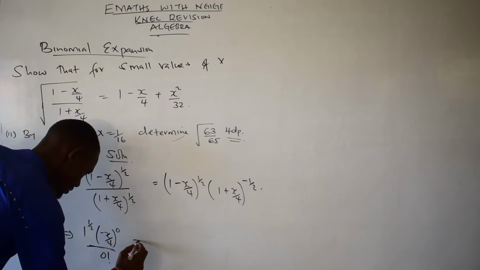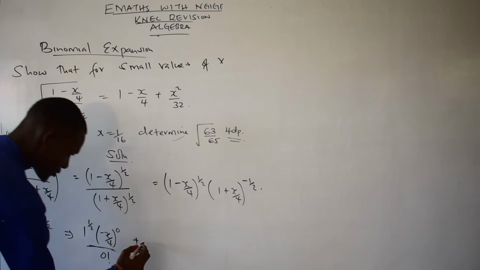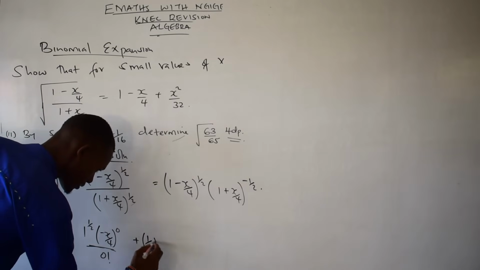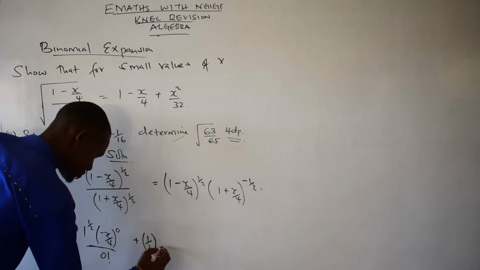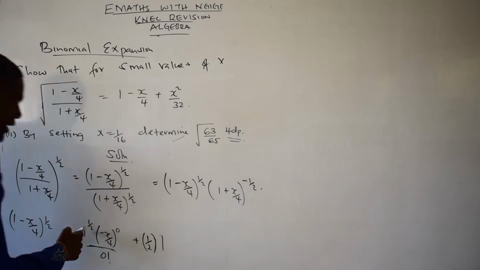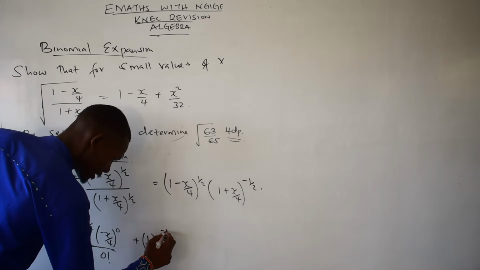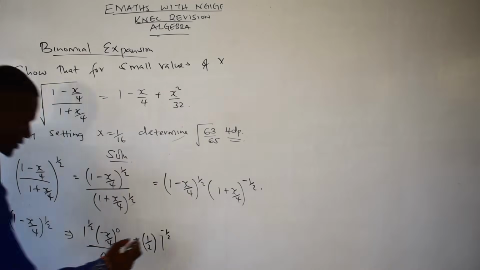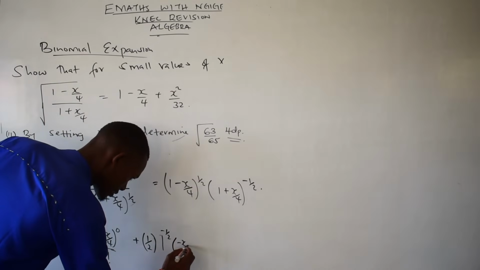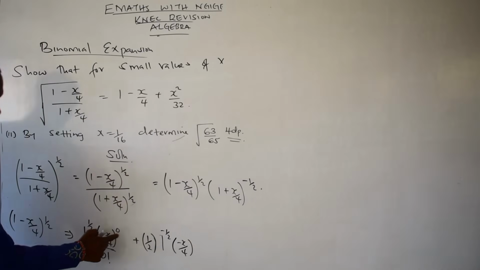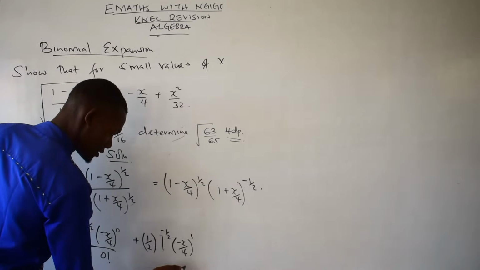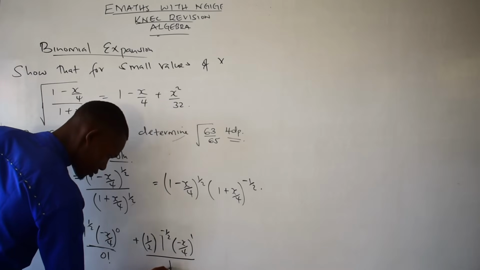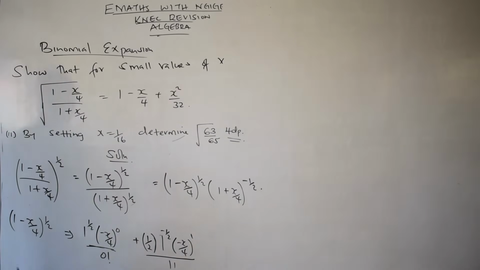Then plus. Now drop the power, so we have the power of 1, you drop it there. Then reduce this power by 1, so you shall have 1, a half minus 1 gives you negative a half. Then negative x over 4, and we had power 0 here, it becomes power 1, then over 1 factorial.